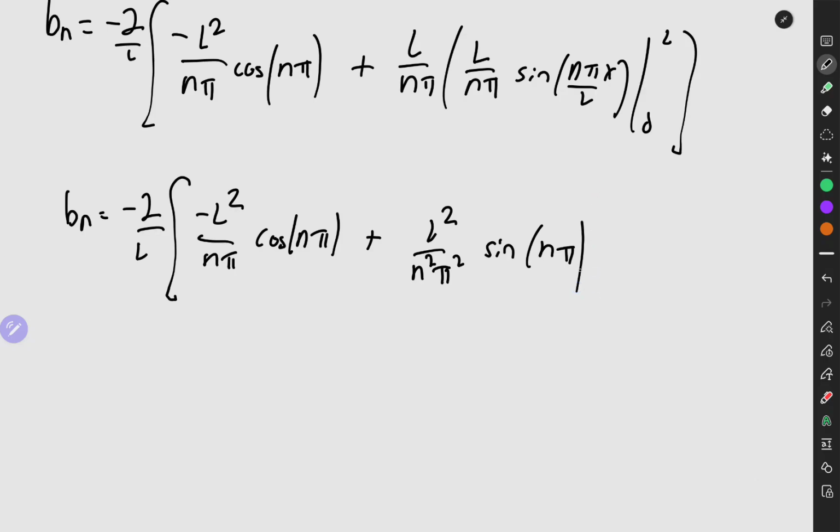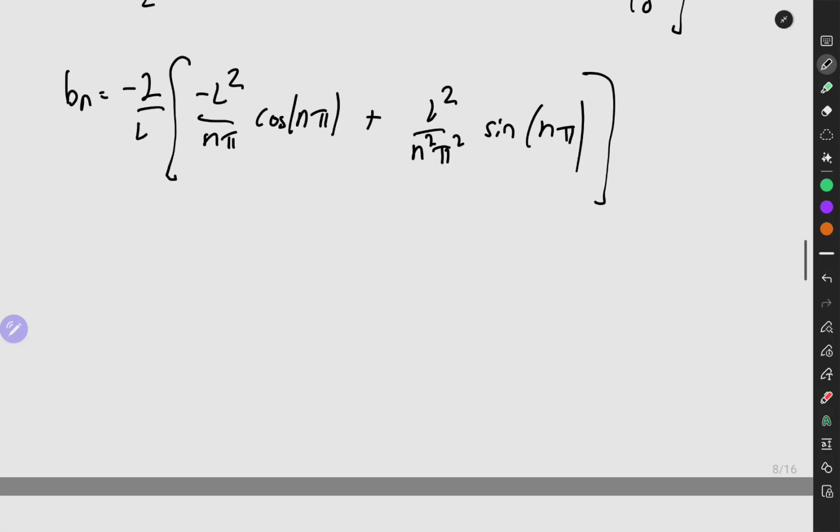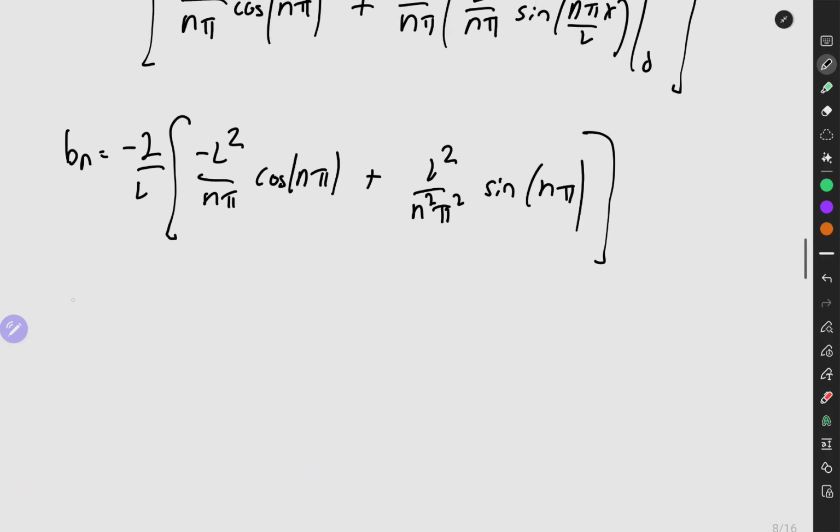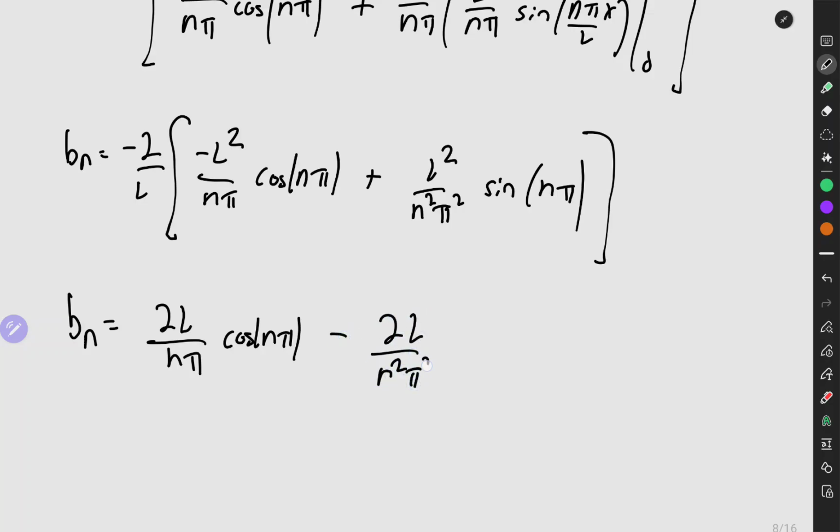Okay, so that's that, because sine of 0 is 0. So then we can distribute that negative 2 over L in. This will be 2L squared over n pi times cosine n pi plus, minus 2L over n squared pi squared sine of n pi.